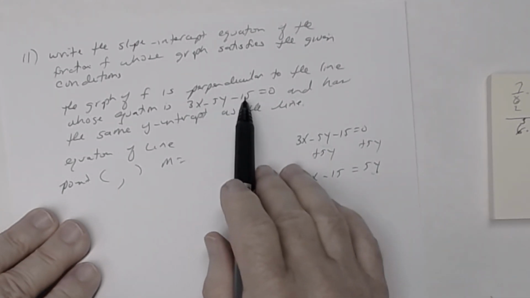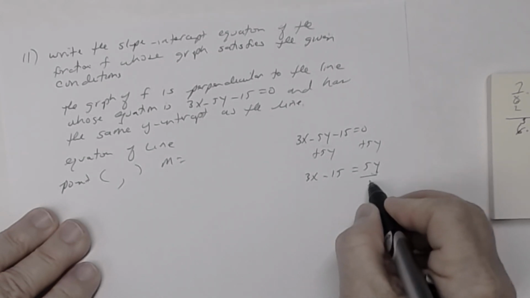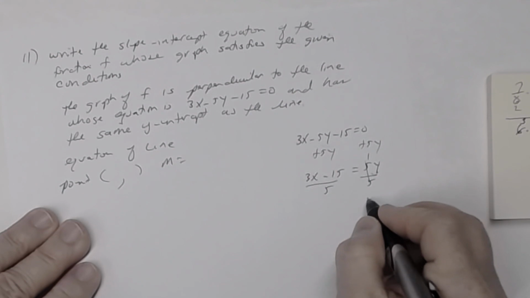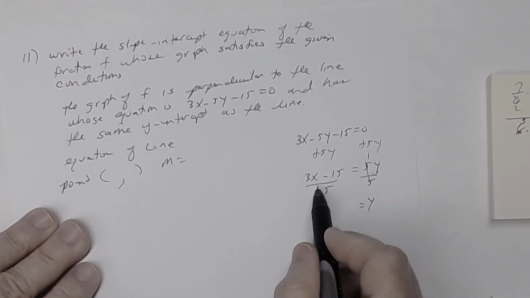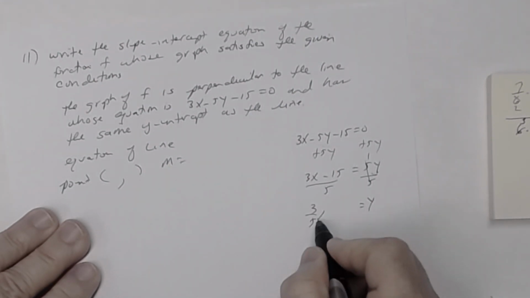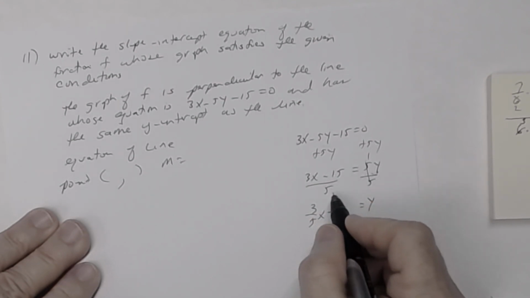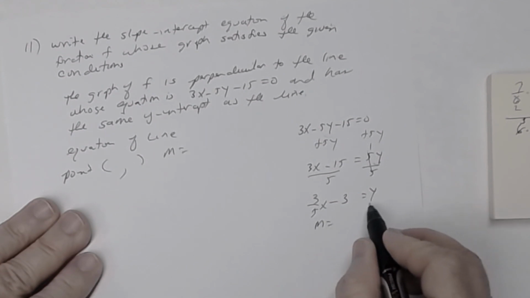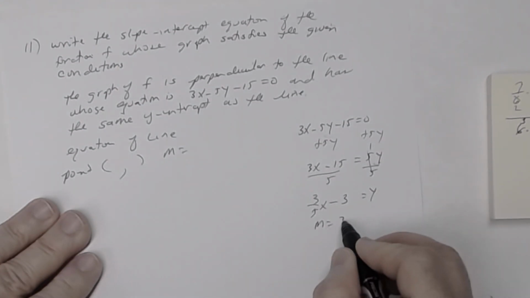Remember you want to write this in slope-intercept form, so I'm going to divide both sides by 5. And so y equals 3/5 x minus 15 divided by 5, which is 3. All right, so the slope of this line is 3/5.